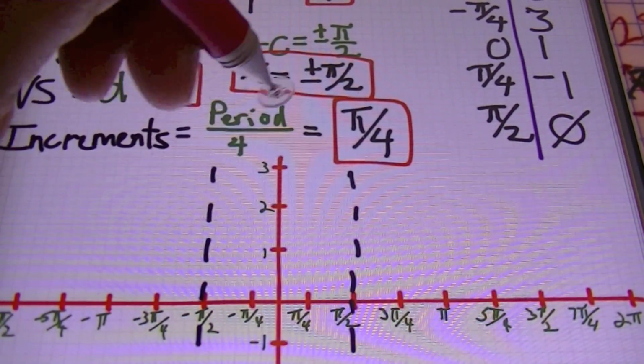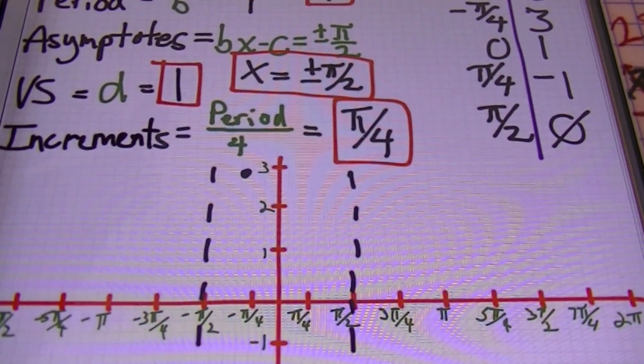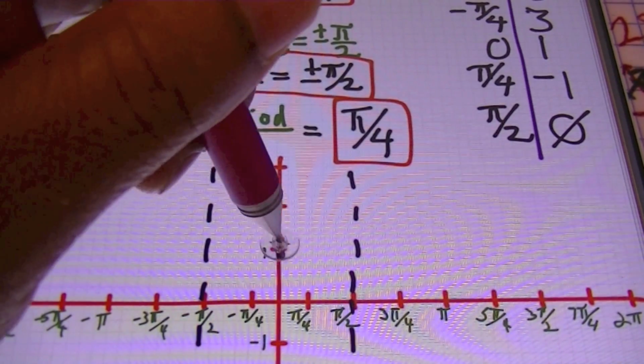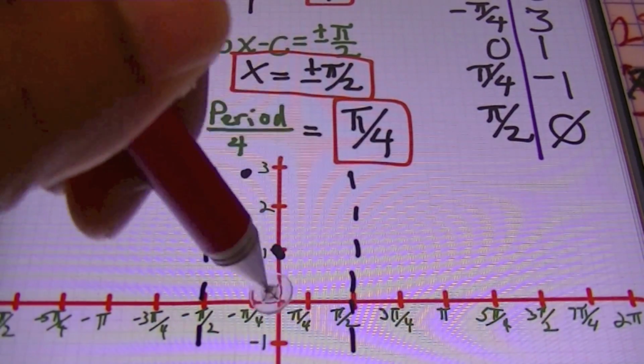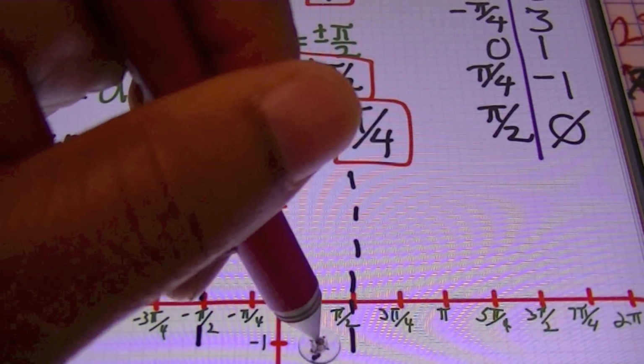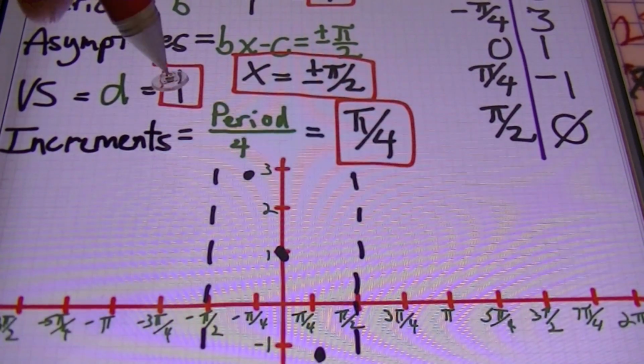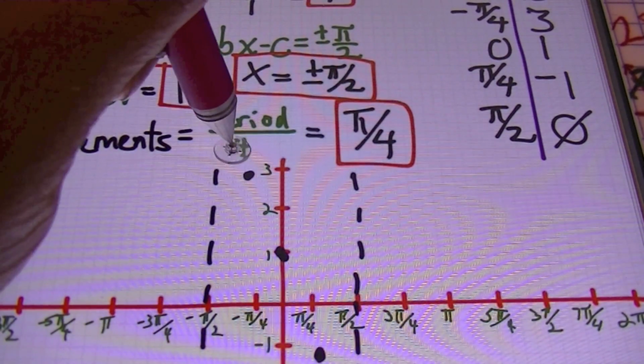So negative pi over 4, I'll be at 3. Then at 0, I'm going to have a value at 1. And then at pi over 4, I'll have a value at -1. Okay, so I'll be writing it like this with a snake-like move.